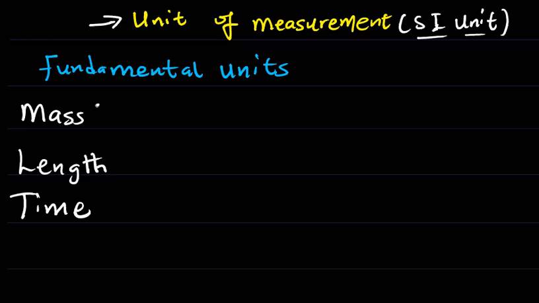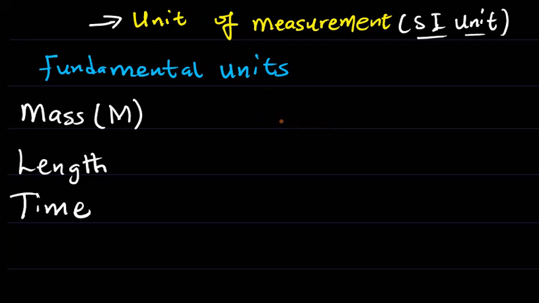Starting with mass, by dimension, the dimension of mass is capital letter M. The unit of mass is, please pardon me, the unit of mass is kilogram, all right?